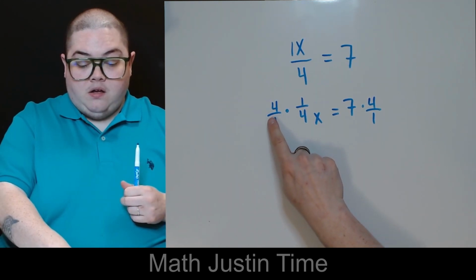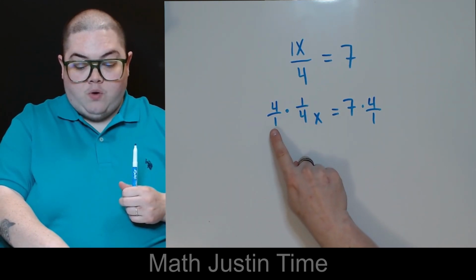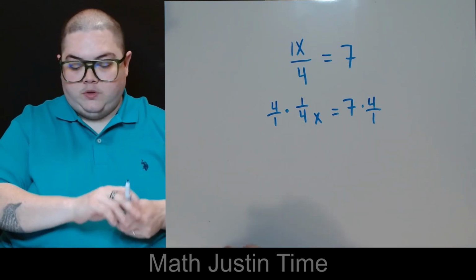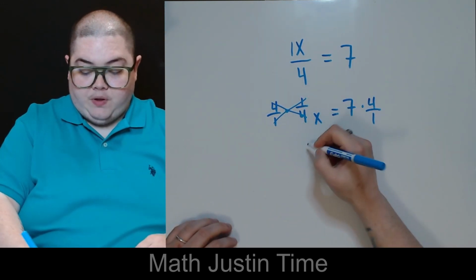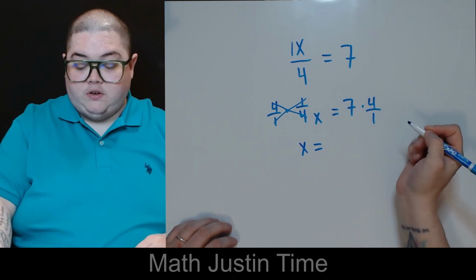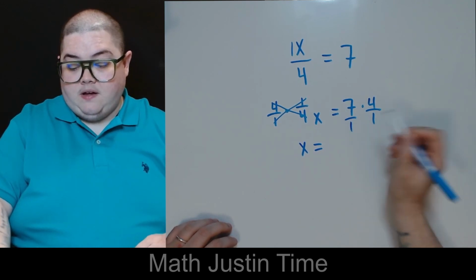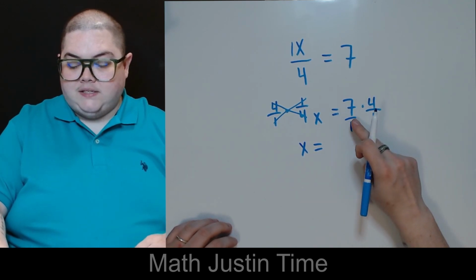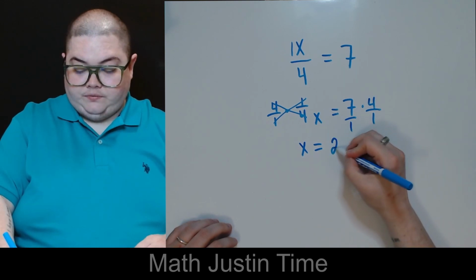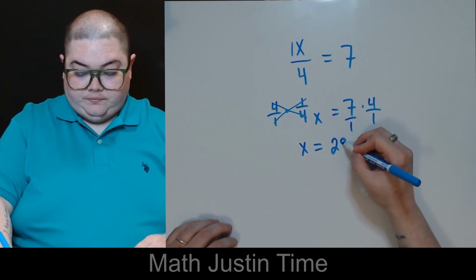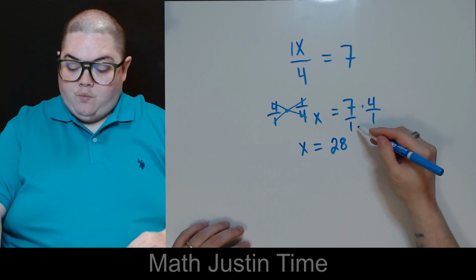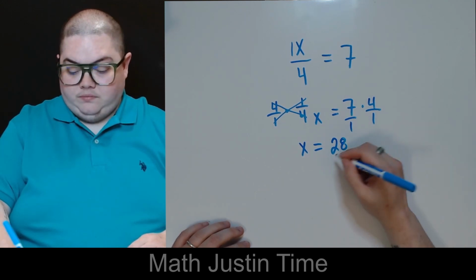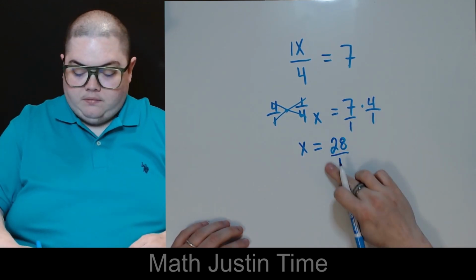So if we look here, 4 times 1 is 4, 1 times 4 is 4. So these cancel out, and we're left with x is equal to, we can always make this a fraction if we need to, 7 times 4, which is 28, and 1 times 1, which is 1, which is the same thing.